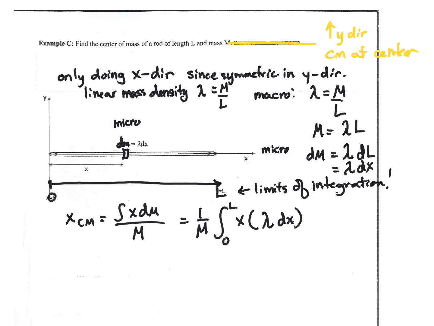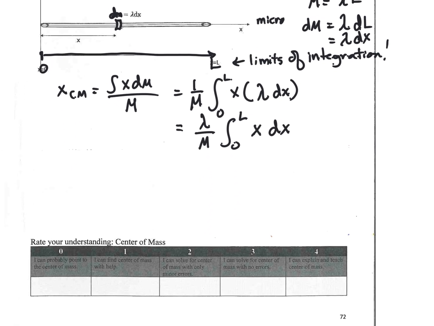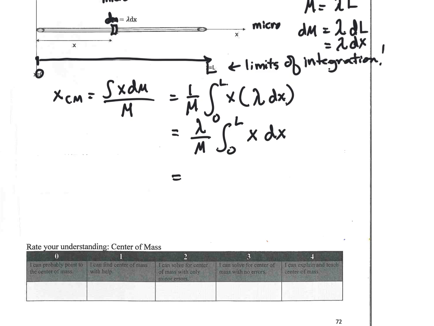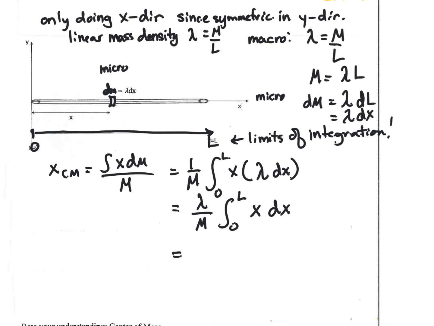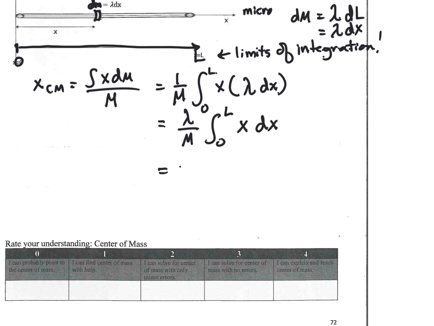So now let's actually do this. We can bring lambda out here, and we can bring 1 over m out here. The integral from 0 to L of x dx. Lambda, however, we have a definition of, because that was our macro to start with: lambda is m over L. So now we have m over L over m.